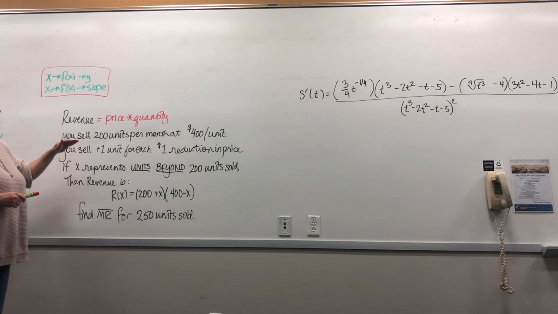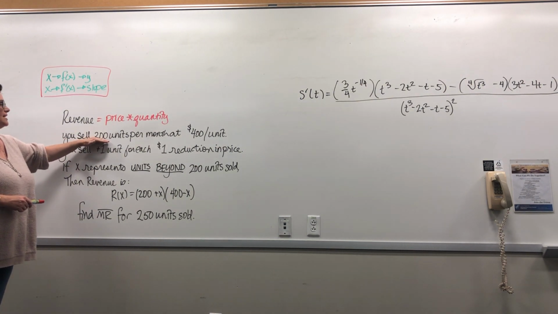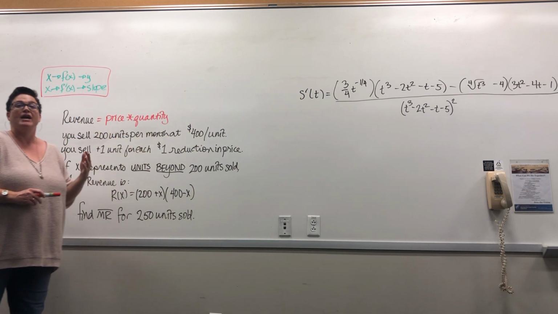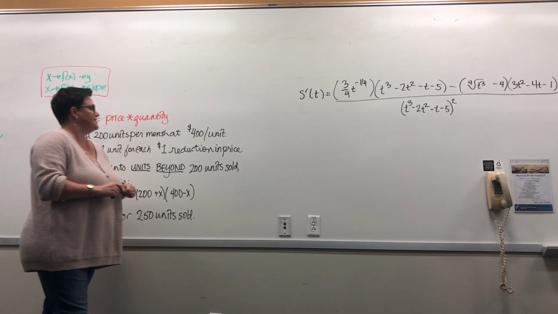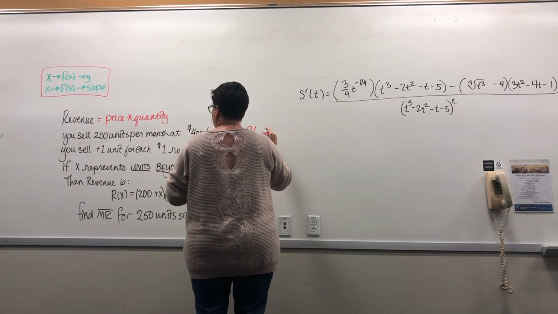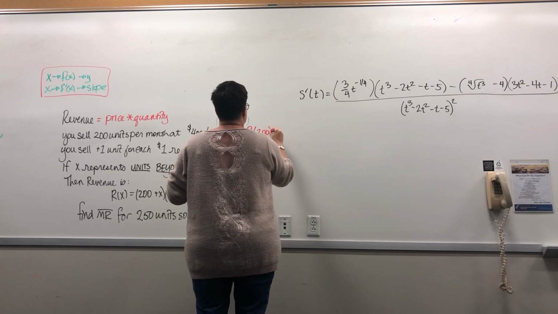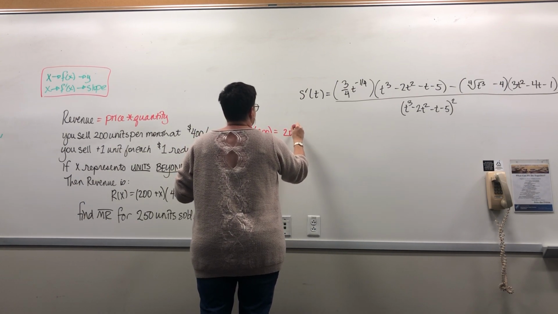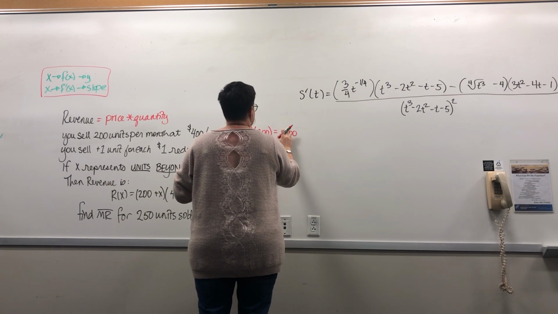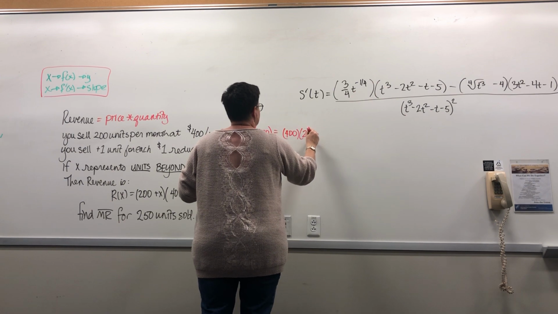So we have a baseline. We have a quantity of 200 at a price of 400. And now we have to modify that. So at this point, I have revenue at 200 is literally price, let me put the price in there, 400 times 200, okay?